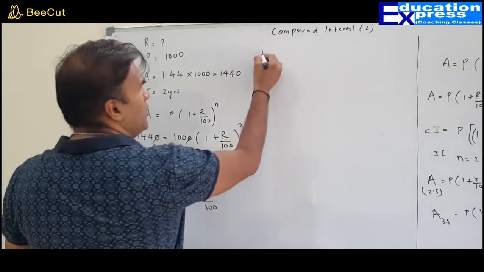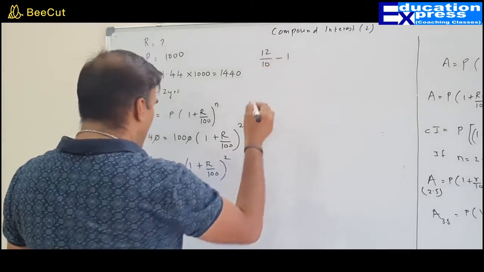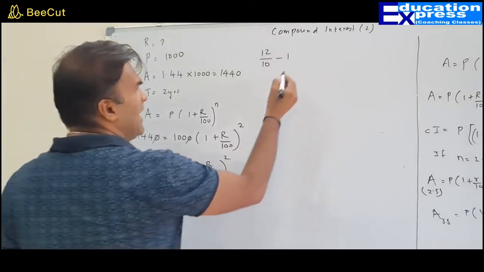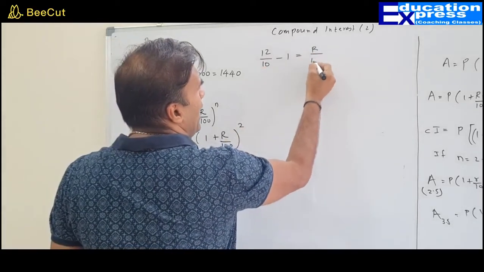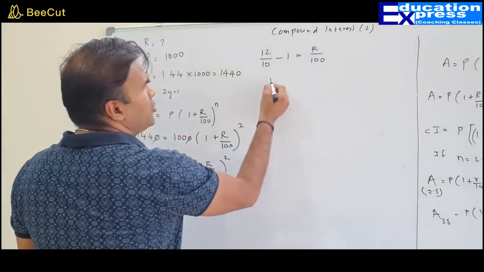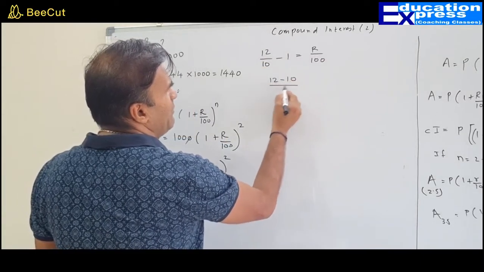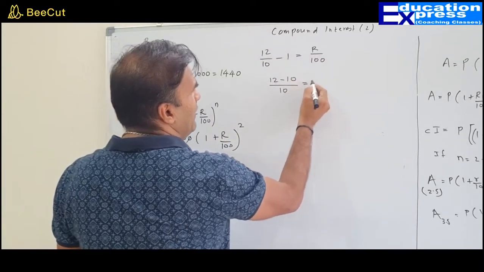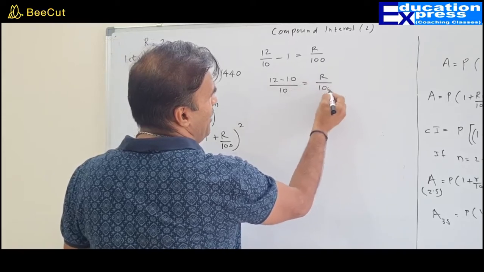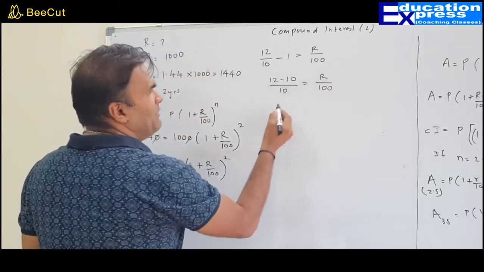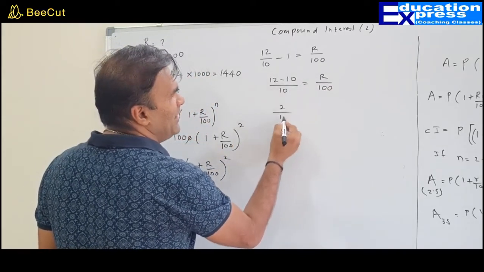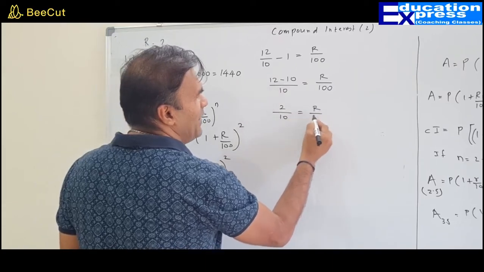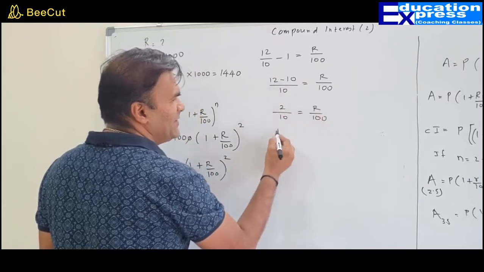What we do is 12 upon 10 minus 1. I am shifting this 1 on this side equals R upon 100. 12 minus 10 upon 10 equals R upon 100. What do you get, my dear friends? 2 upon 10 equals R upon 100. Take 100 on this side.